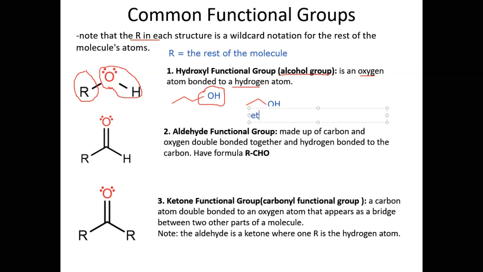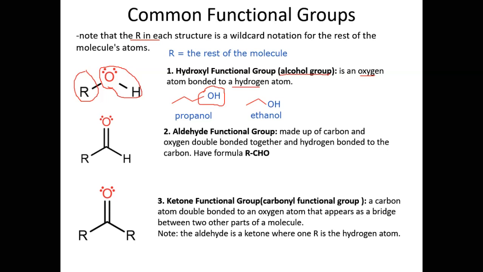This is called ethanol. -ol is used for alcohols, and since you have 2 carbons, it's referred to as ethanol. This one is called propanol because it has 3 carbons and an OH group. So alcohol is one type of functional group you can add to these carbon backbones.